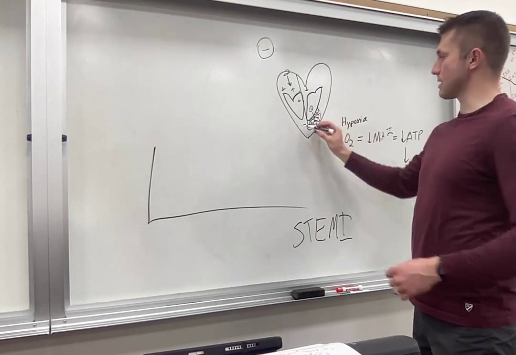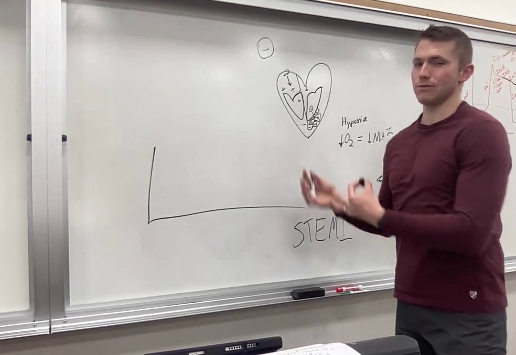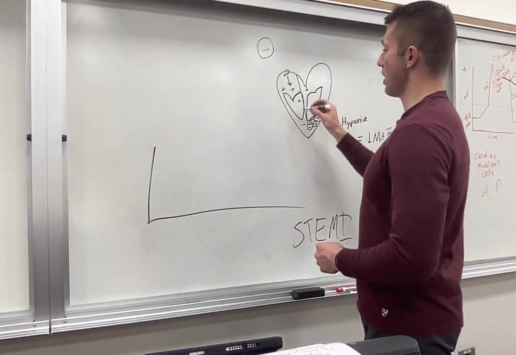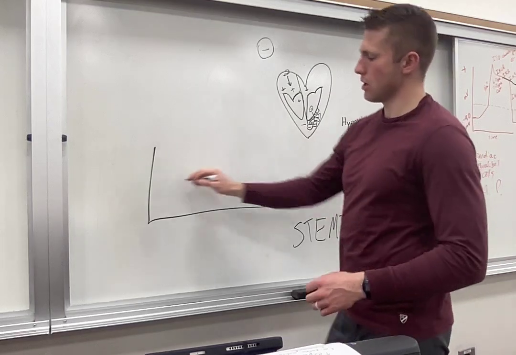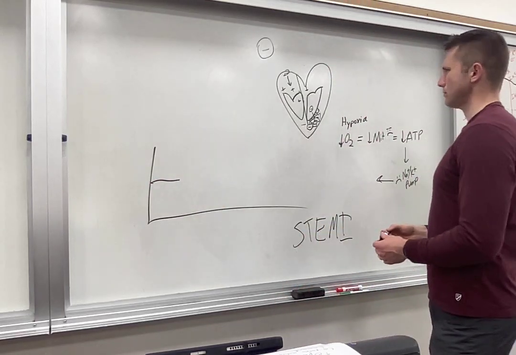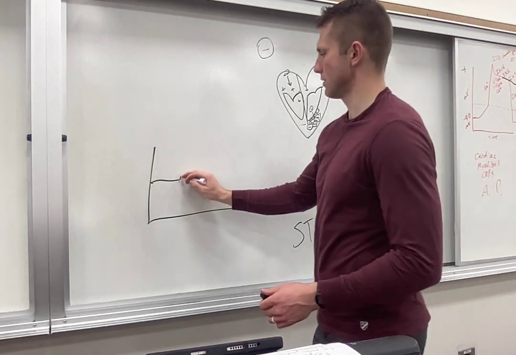And since it's this glob of negativeness in the apex of the heart, in our normal ECG we're going to see this. So here's our normal one.